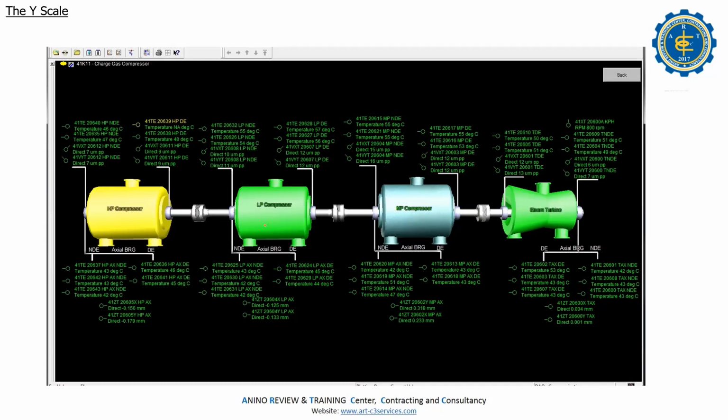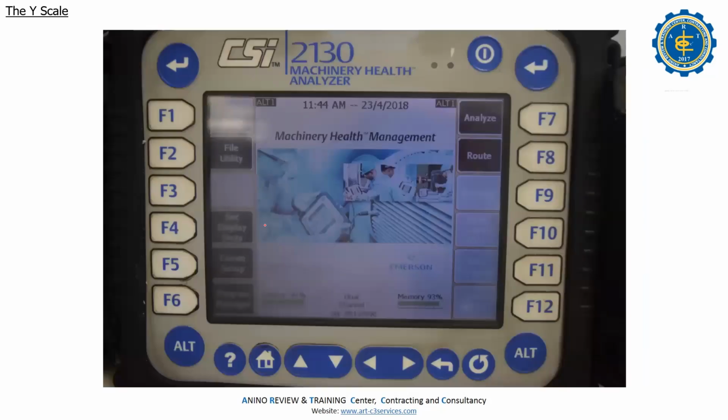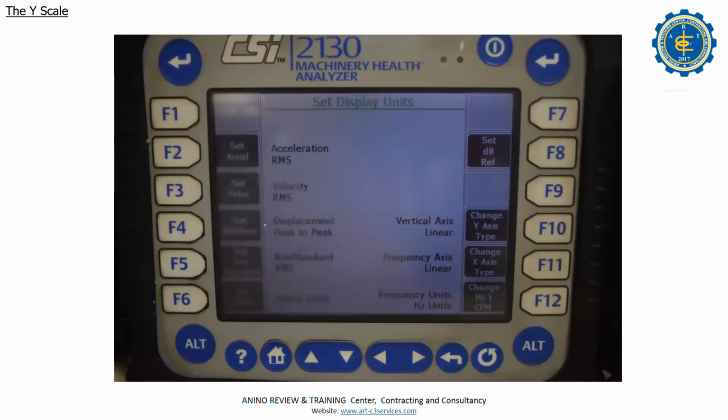So this is the compressor. This is my example. So that's why I told you in CSI, we can change RMS, we can change to velocity peak, and we can change also the peak to peak.